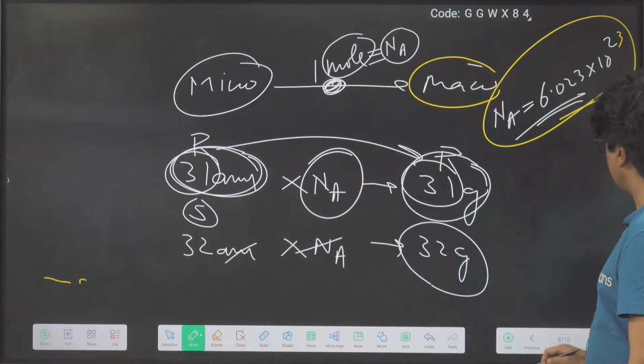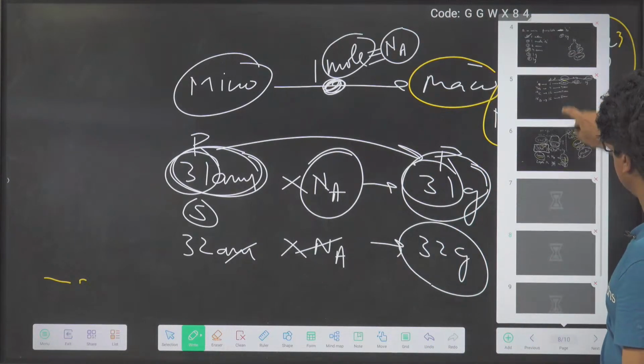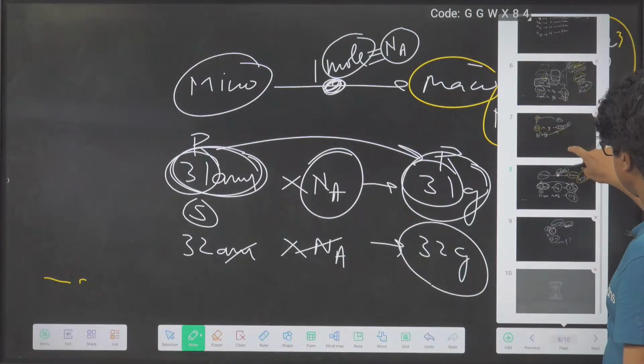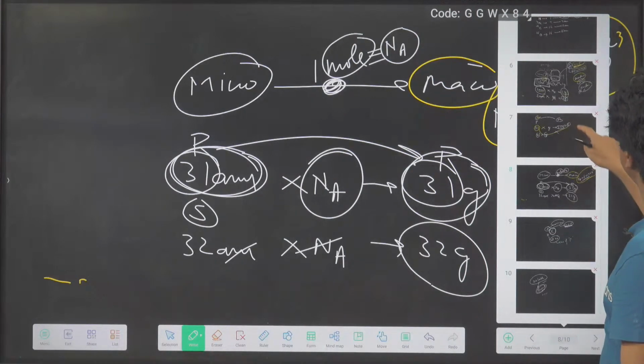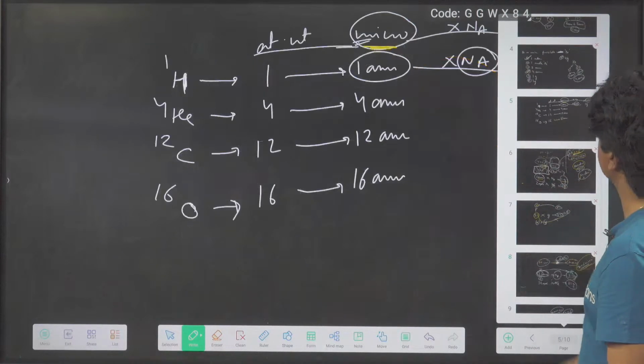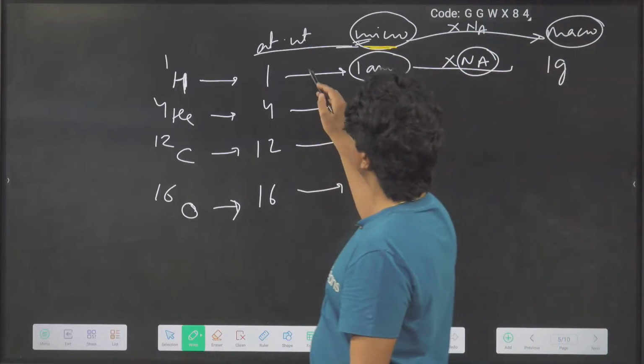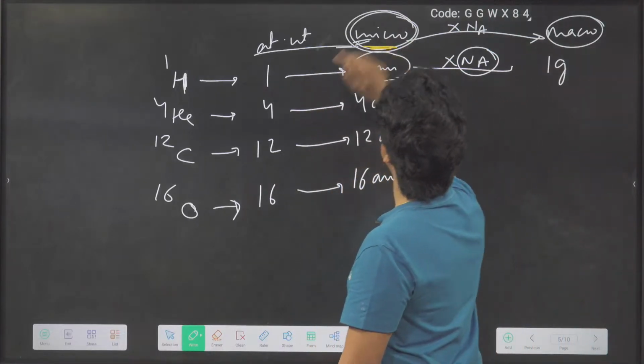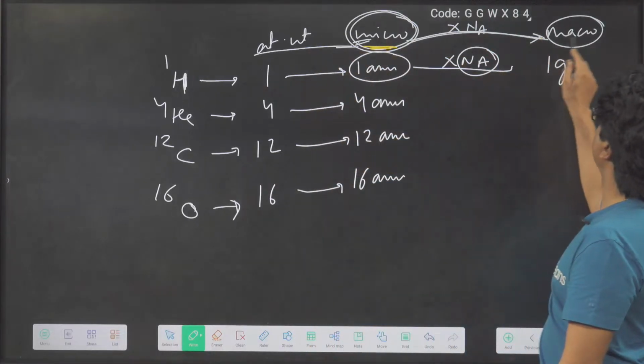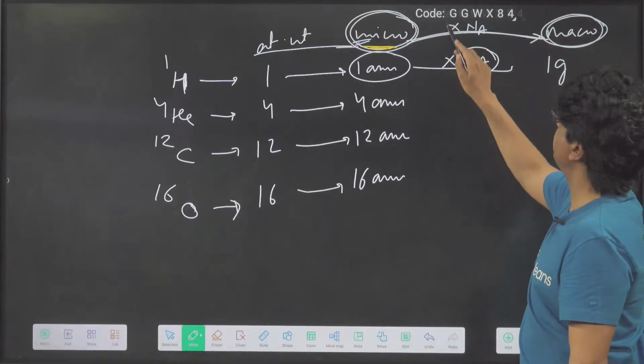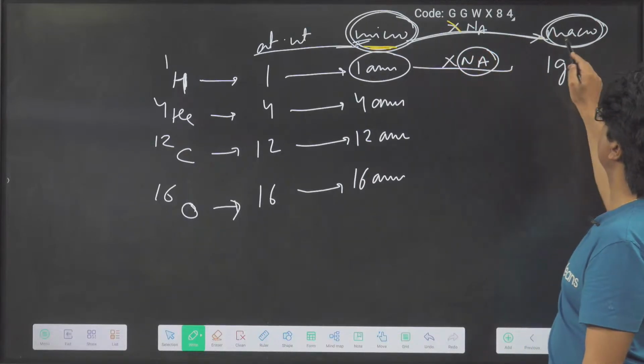So let's go to the page we were on earlier. We were here, right? We are out here in the microscopic world, and we have to go to the macroscopic world. Now you will multiply by Na to go to the macroscopic world.